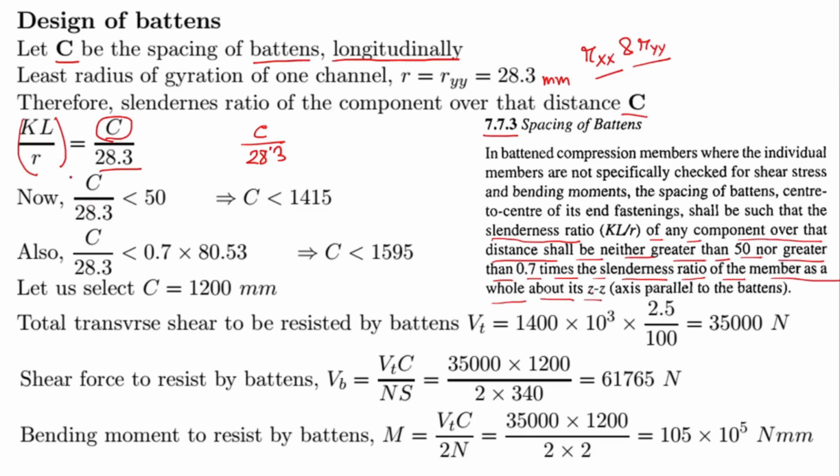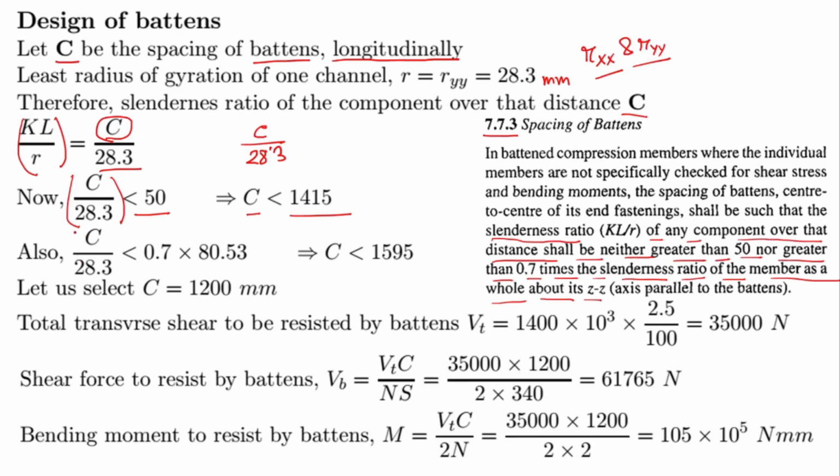So first of all, C by 28.3, which is the slenderness ratio of that portion, should be less than 50. So from that relation, C will be less than 1415 mm.